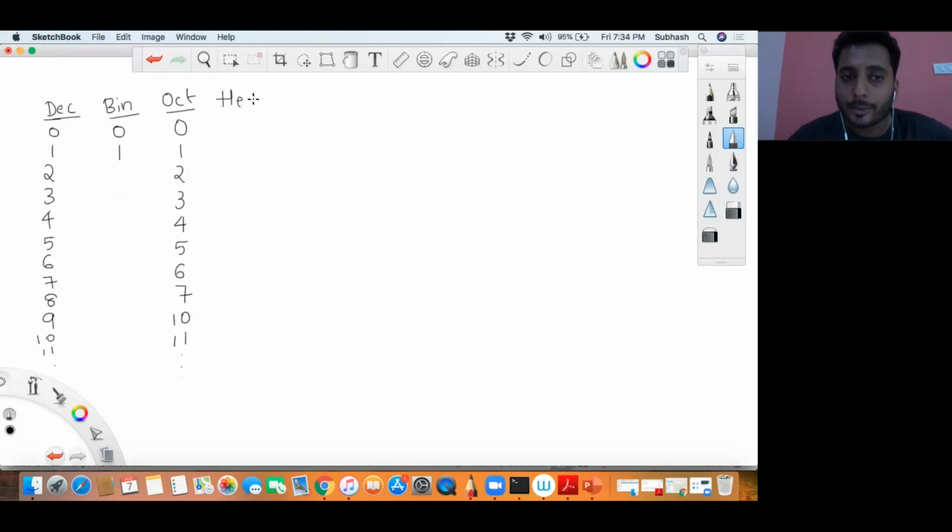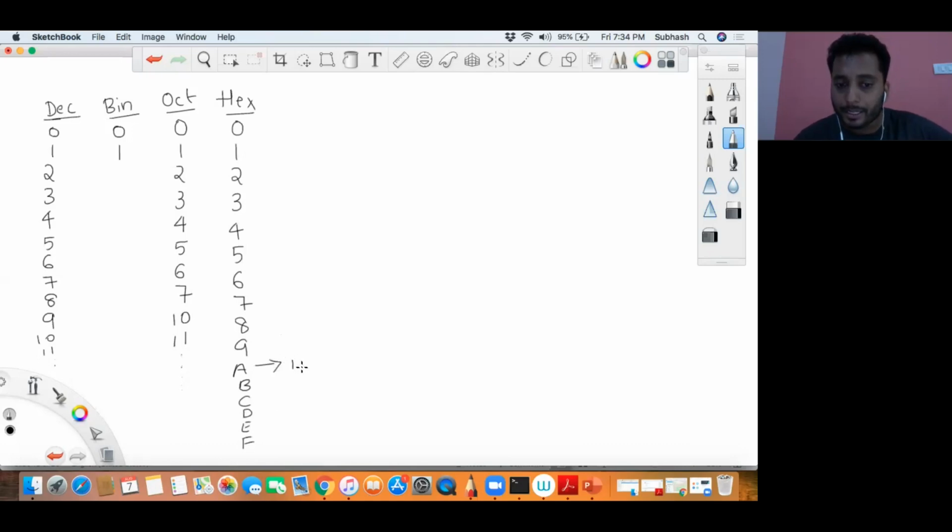Now in hexadecimal, it starts from 0, 1, 2, 3, 4, 5, 6, 7, 8, 9, followed by A, B, C, D, E, and F, where A indicates decimal 10, B indicates decimal 11, C indicates decimal 12, D indicates 13, E indicates 14, and F indicates 15. These are the different number systems that are available for us.